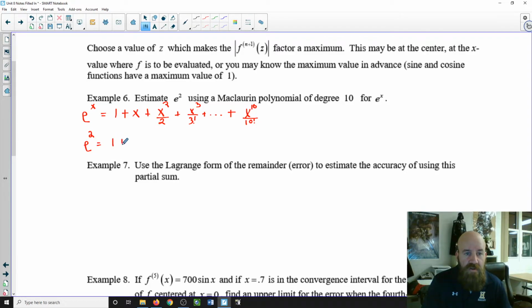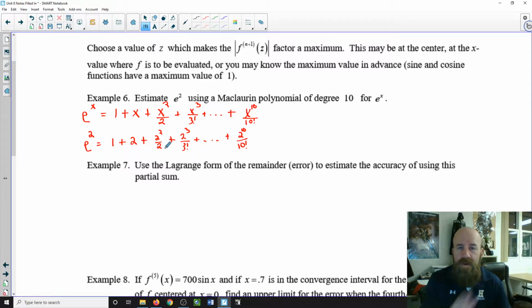We'll just plug in 2 to all these values. So we have 1 plus 2 squared over 2, and so on down the line. Plugging these in, 2 to the 10th over 10 factorial would be our last term, and everything in between, so we can't forget those.